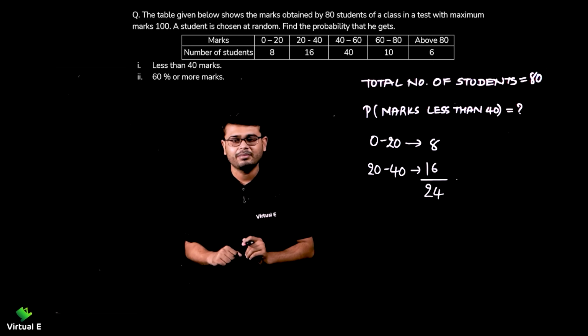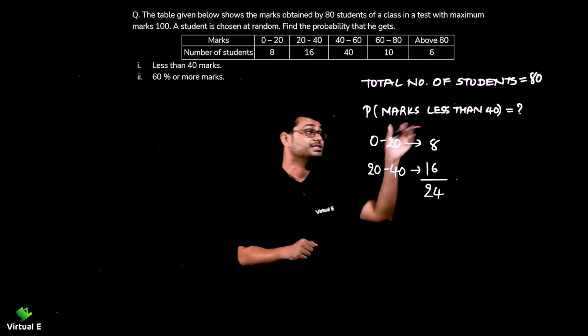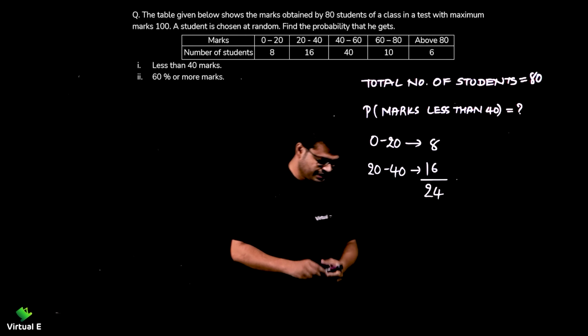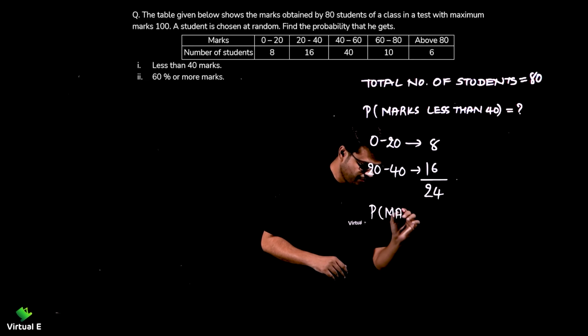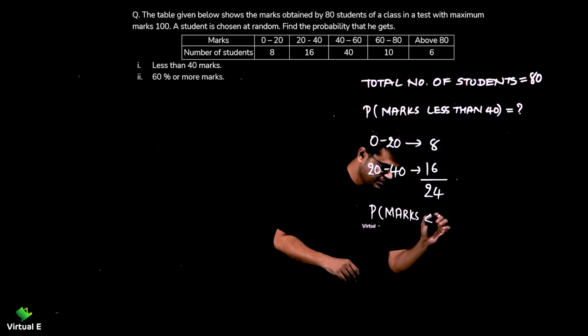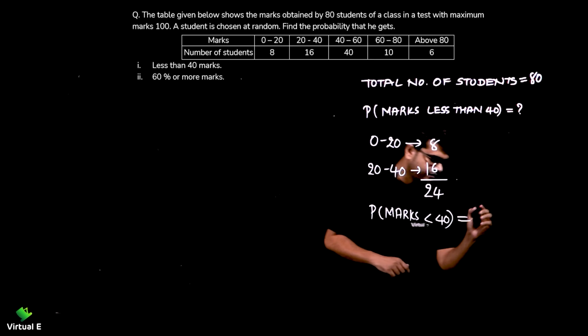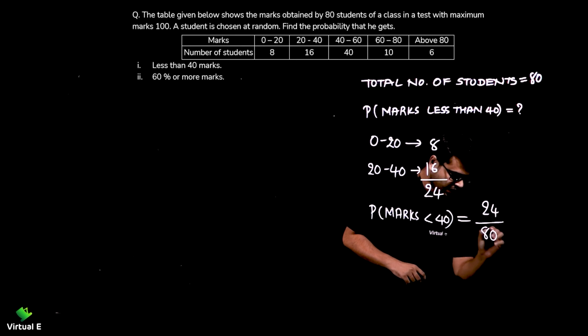Now we want to find the probability. So we have the number of students who are getting less than 40 and the total number of students as well, right? So the probability of getting marks less than 40: here we have 24 students and the total number of students is 80.